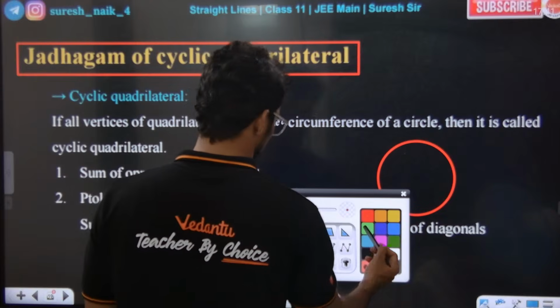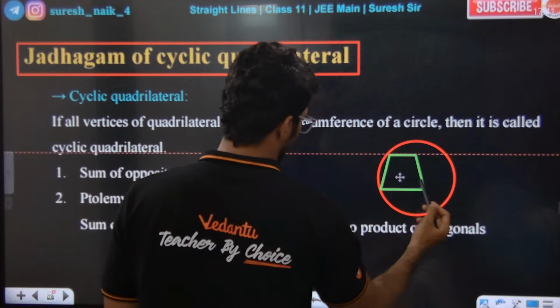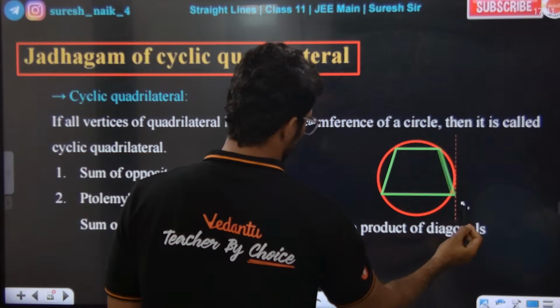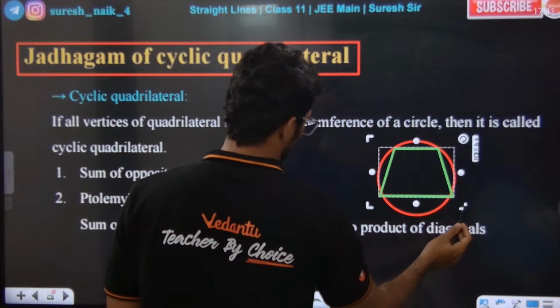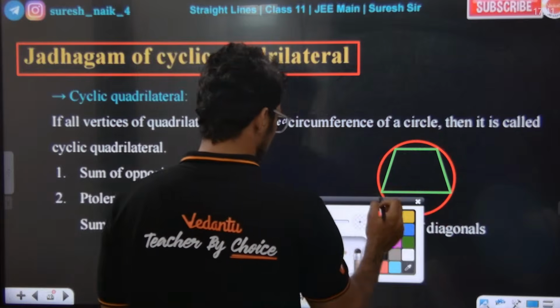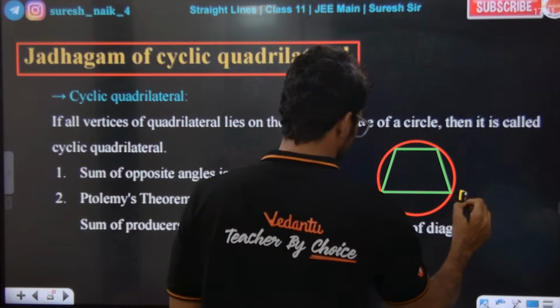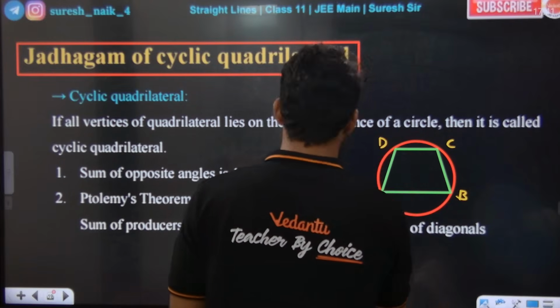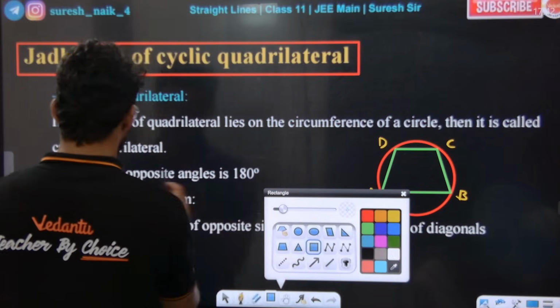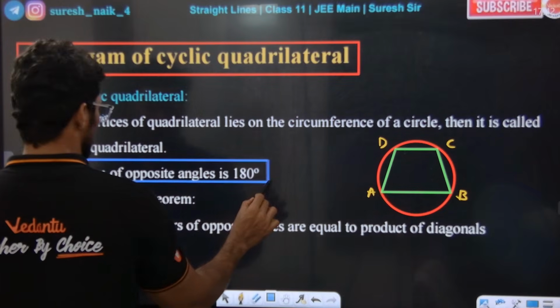Everybody look at the board. So this is A, this is B, this is C, this is D. In a cyclic quadrilateral, the sum of the opposite angles will be 180 degrees. This is the first point.